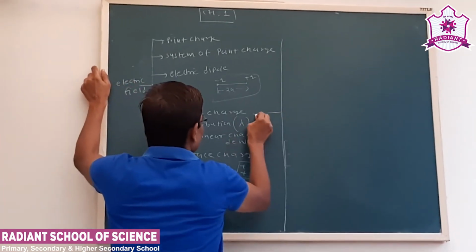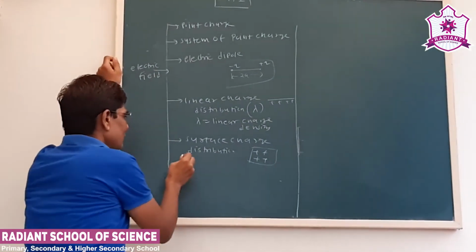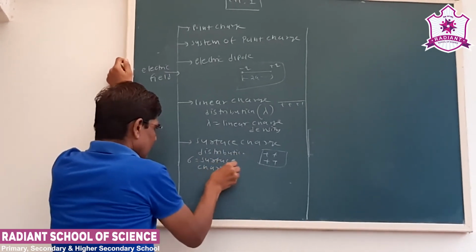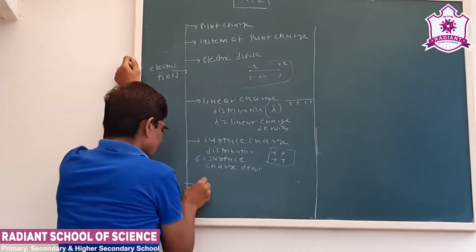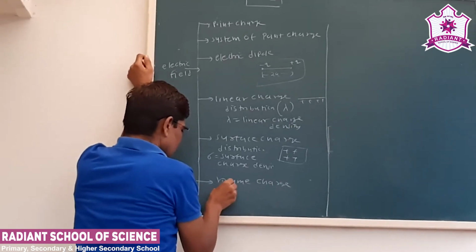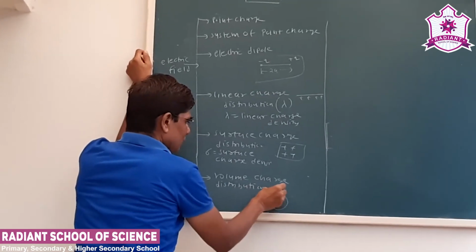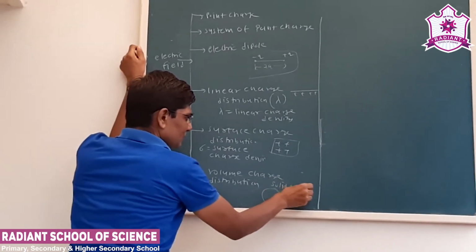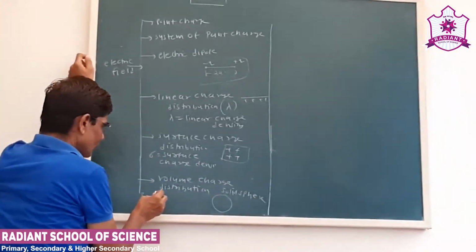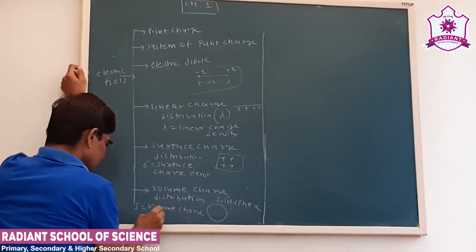In linear charge distribution we can have a wire which may be positive or negative. In surface charge distribution we have sigma, that is surface charge density, and finally volume charge distribution. We can have a solid object like a solid sphere or a cylinder, and that is given by the volume charge density.